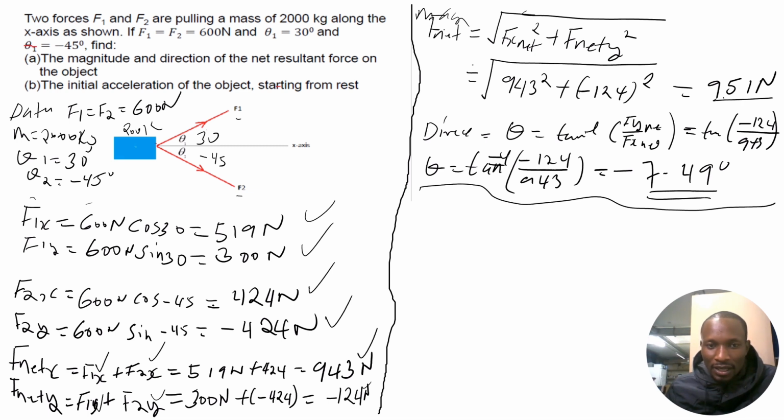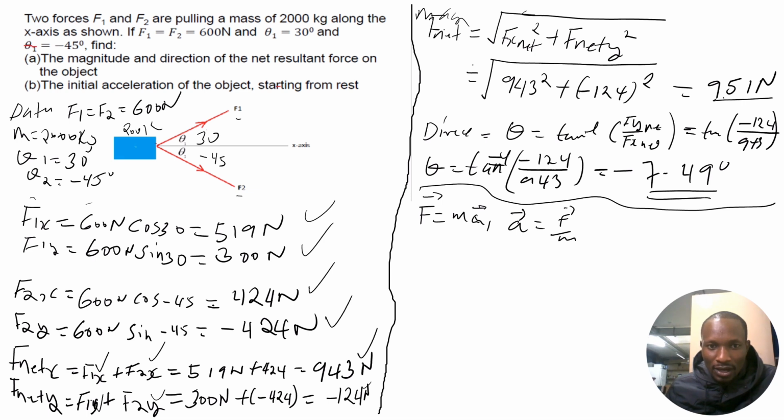So from the second law of Newton's laws of motion, we say force is ma. That force is mass times acceleration, and therefore acceleration is equal to force divided by mass.